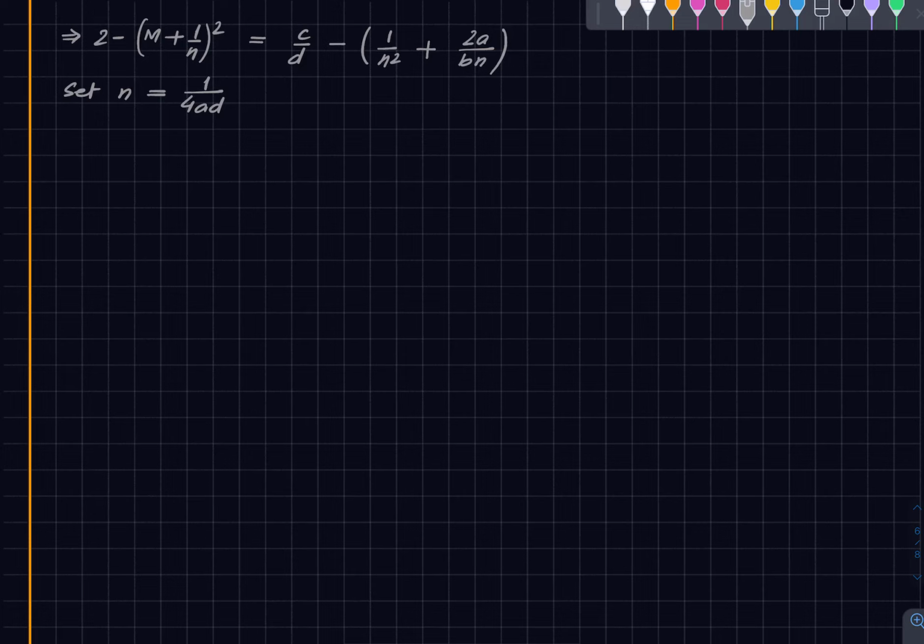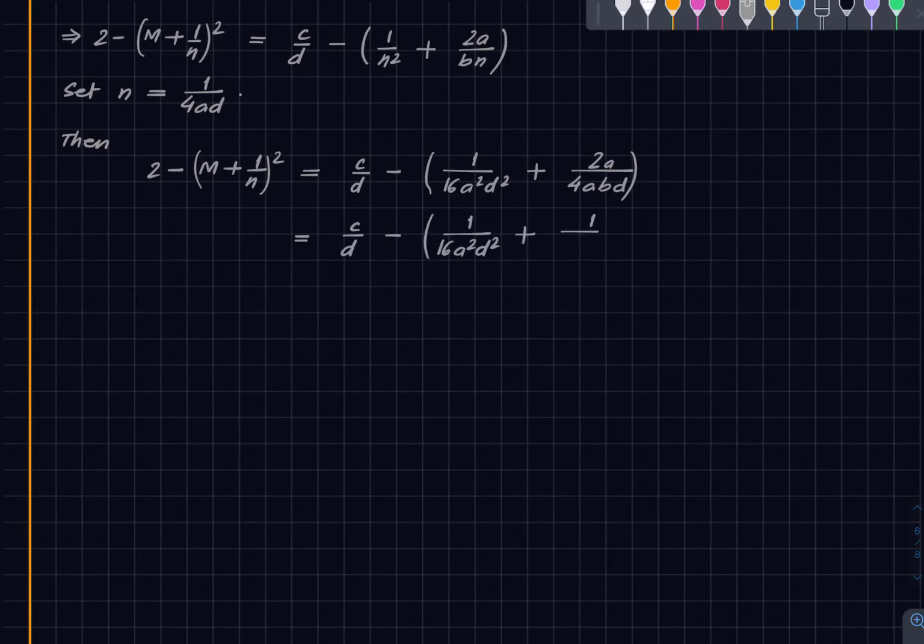Okay. So then, this is equal to that, right, which is equal to C by D minus, okay, I've done just some basic algebra.